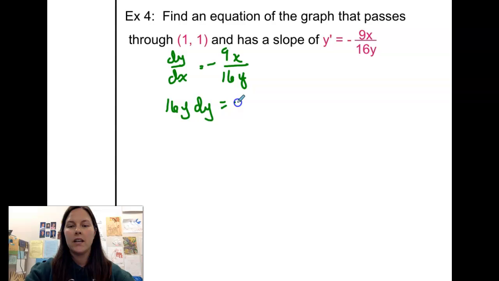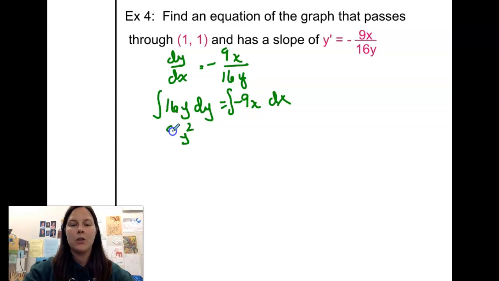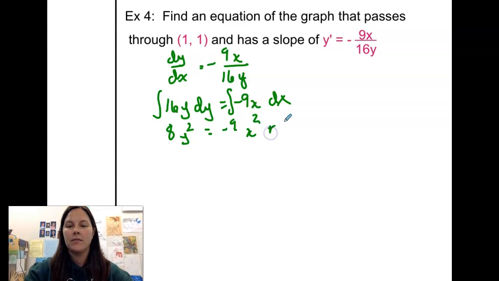I'm just going to leave the negative with that 9x and multiplying both sides by dx. Integrating, we get y squared, and then dividing that 16 by 2, we get a new coefficient of 8. And then we'll have a -9/2 x squared plus c.